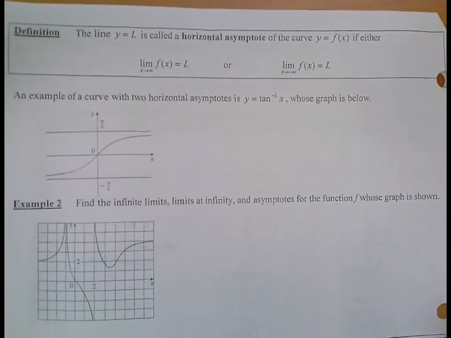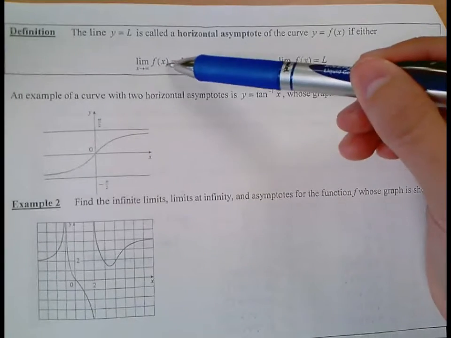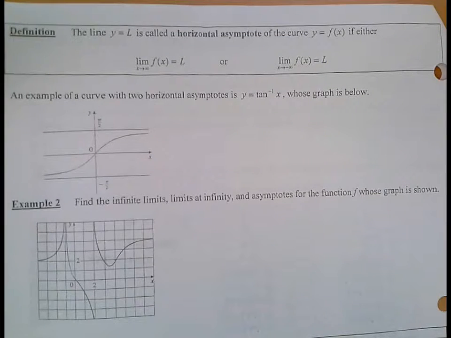So on the next slide is the actual definition of limits proving horizontal asymptotes. The line y equals L is called a horizontal asymptote of the curve y equals f of x if either of these two limits is true.